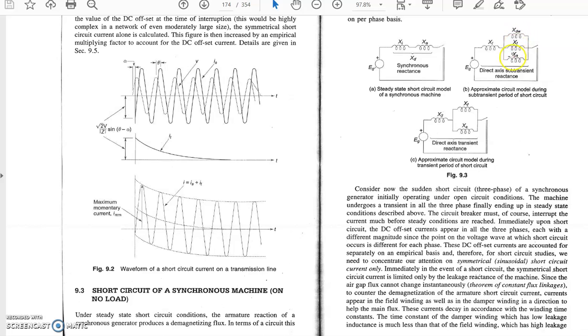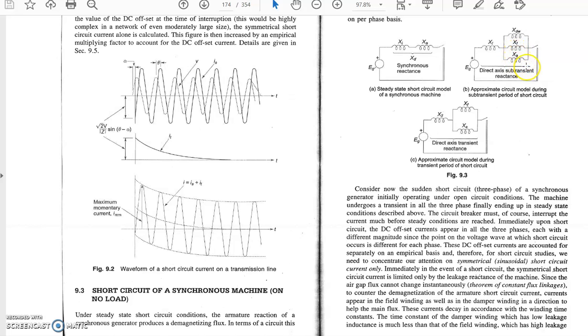So at t equals 0 plus, or we can say for the first 2 to 3 cycles of the sudden short circuit, the machine will offer the leakage reactance in series with the parallel combination of the damper winding, field winding and armature reactance.